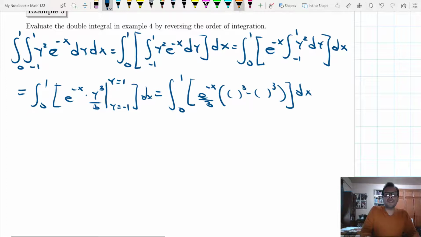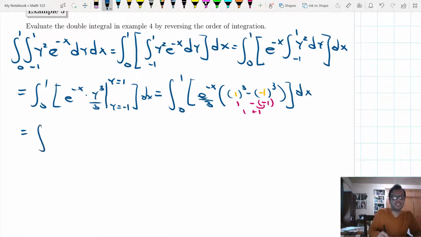So the upper limit here will be 1, the lower limit will be negative 1, and this is very similar to what we obtained earlier on the other way to integrate. This is 1 minus negative 1, so this is really 1 plus 1, which will give us a 2.